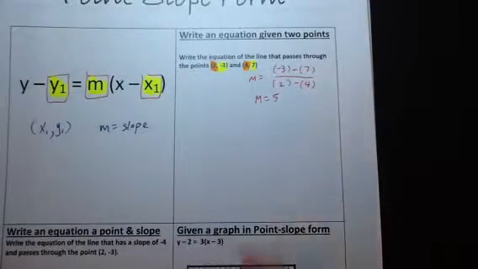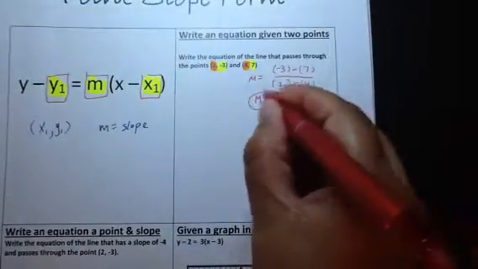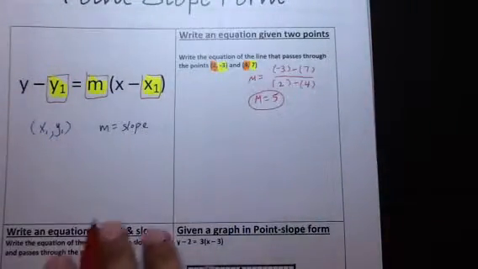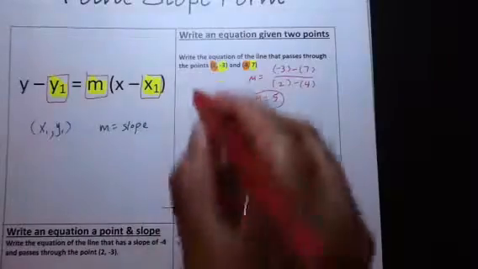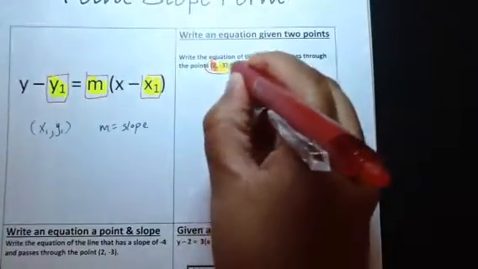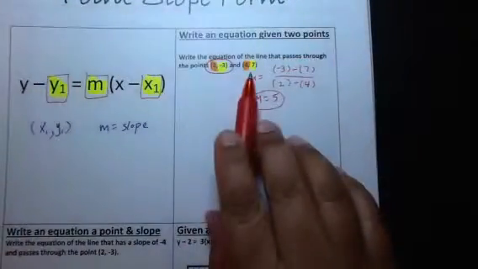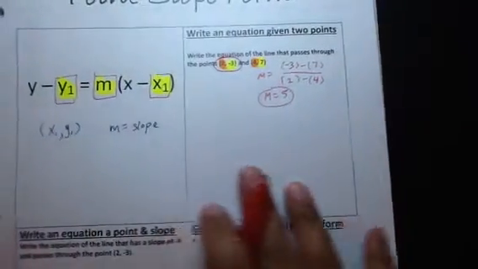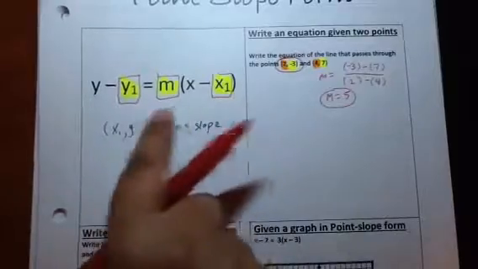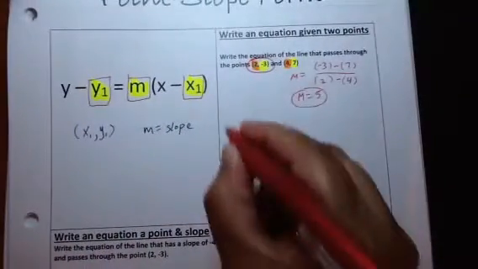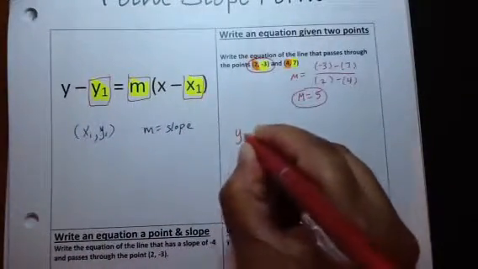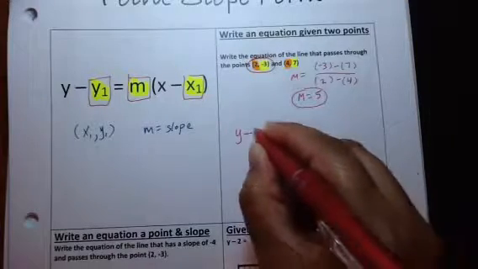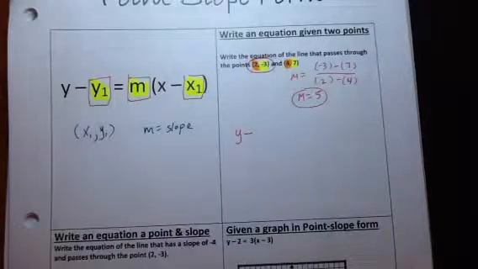Now, you get to pick which one is point 1 and point 2. Since this is our very first one, I'm just going to use this one. I could easily use this one and it's still going to end up the same thing. So remember, what we're going to do is plug into this equation. I'm going to start off with the skeleton. Y minus, and then I'm going to put in a number here.